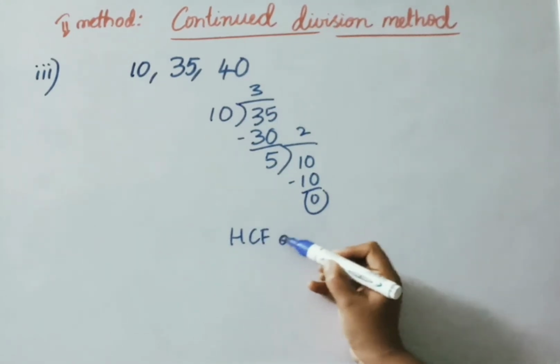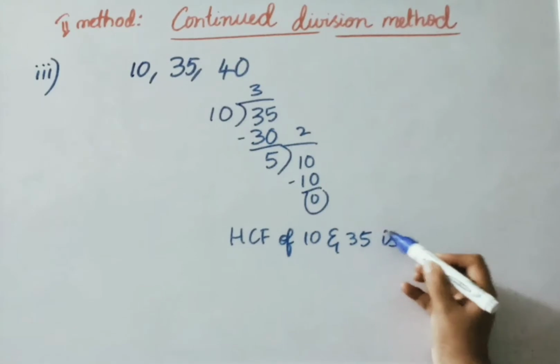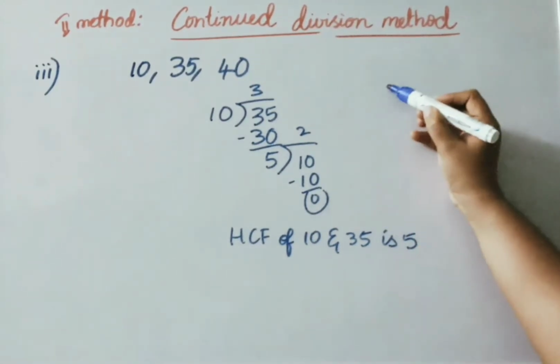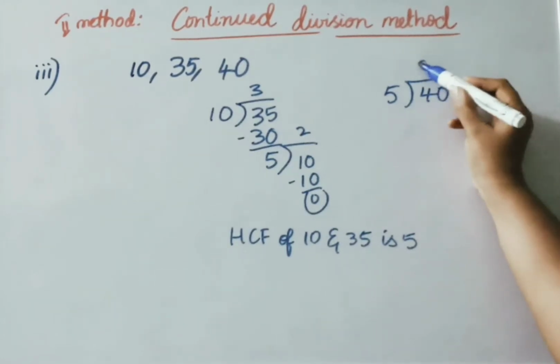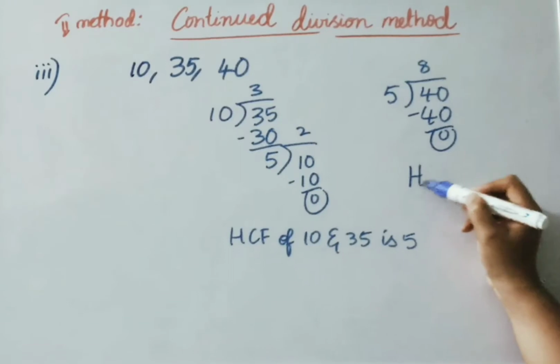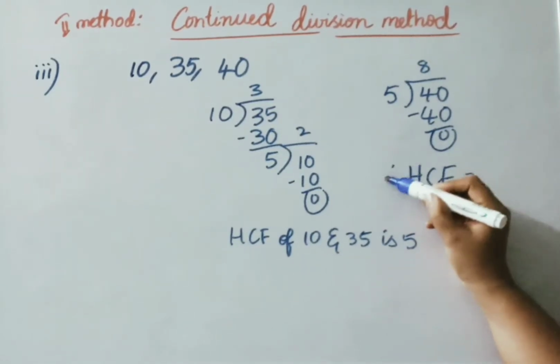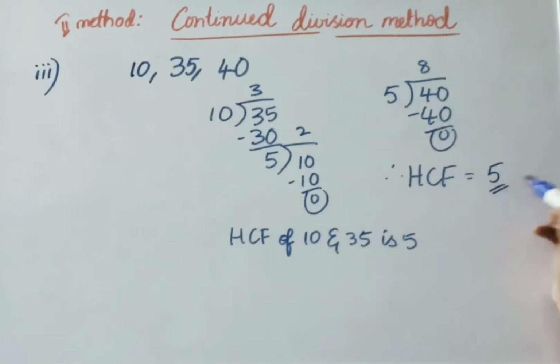Therefore, HCF of 10 and 35 is 5. With this 5, we need to divide the third number 40. 5 8s are 40. We get a remainder 0. Therefore, the final HCF of 10, 35 and 40 is 5.